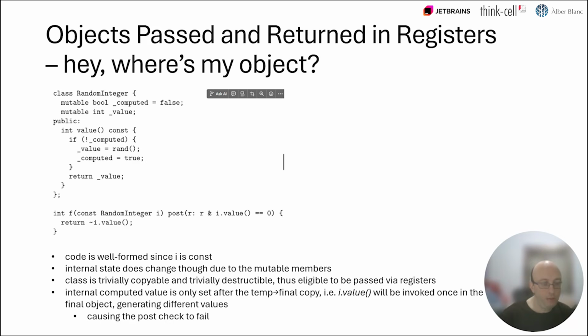This will not necessarily be the case, because if the object was passed in via a register, then those are now two different objects. And even though we are caching the result and only doing this computation once, that's actually once per object, and those are two different objects. So if it's passed in via register, we are virtually guaranteed to get a contract violation in this postcondition.